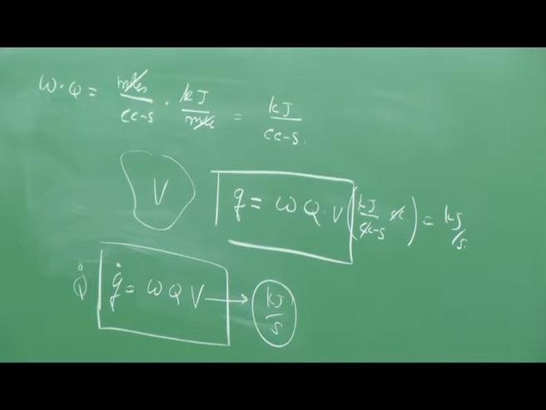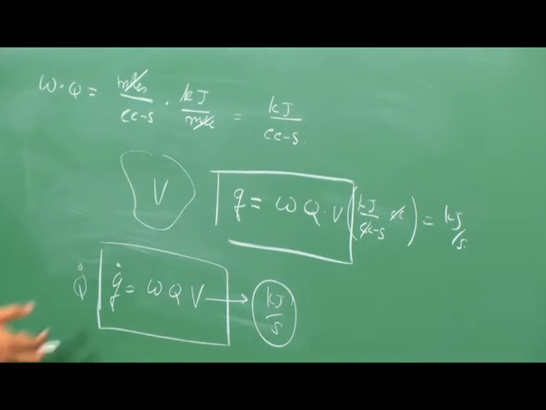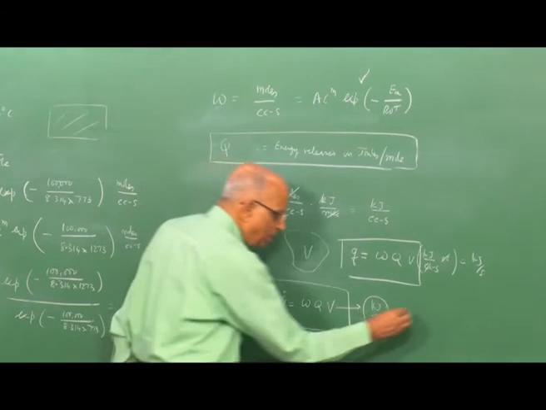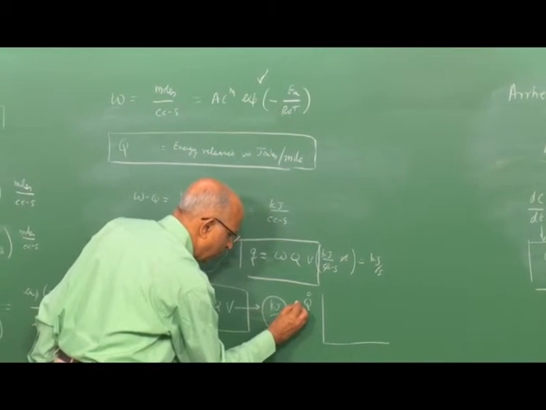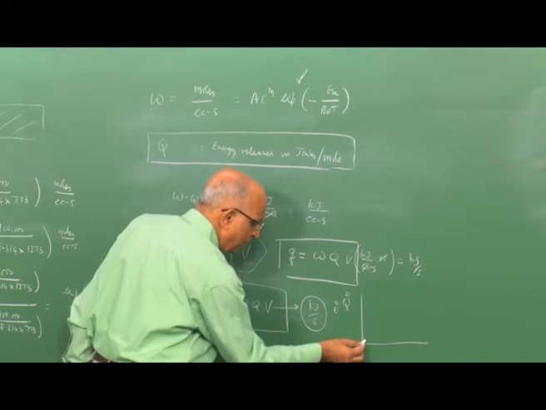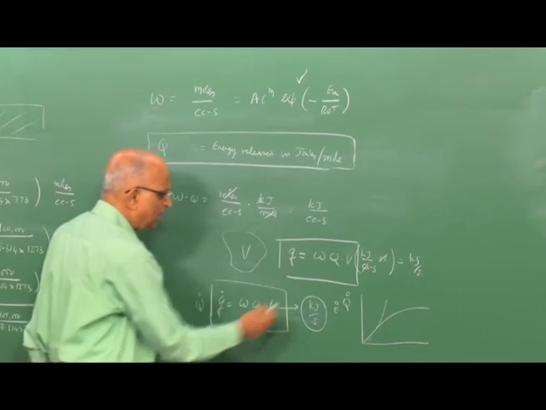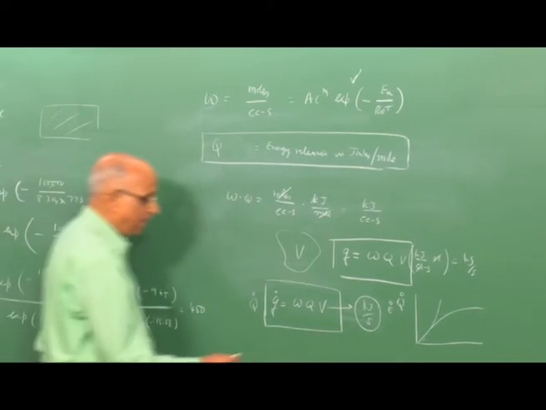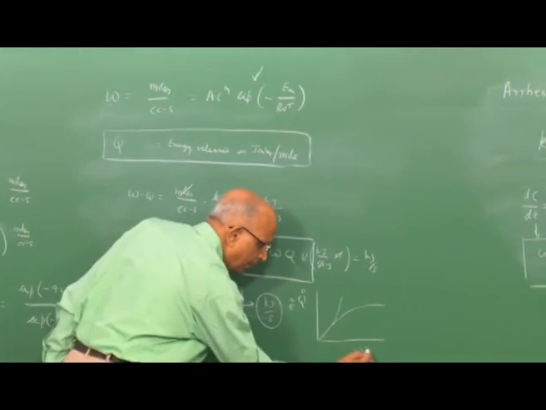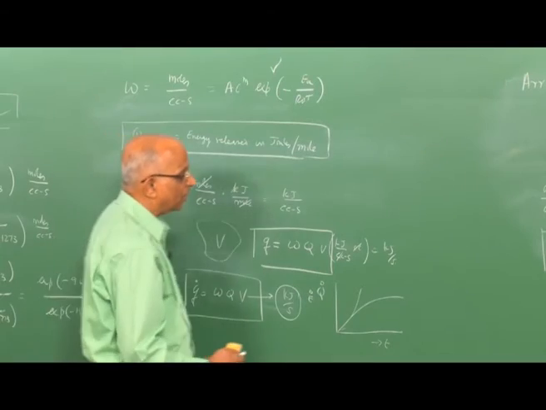Let us go further and see whether I can model it in some way, and find out explicitly whether the shape of the curve, q dot, or you remember we started with E dot, should be like this or like this. How should the shape change? Let us try to find out how the shape of the heat release will look as a function of time, and therefore, let us proceed further.